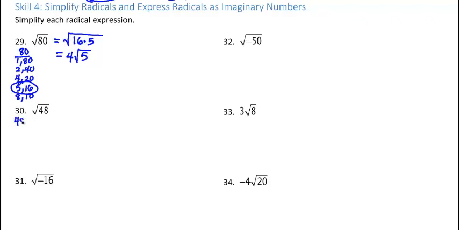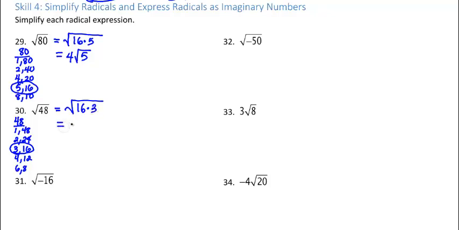48 is 1 and 48, 2 and 24, 3 and 16, 4 and 12, and 6 and 8. And again, here's one that has the 16, so we would rewrite that as the square root of 16 times 3.